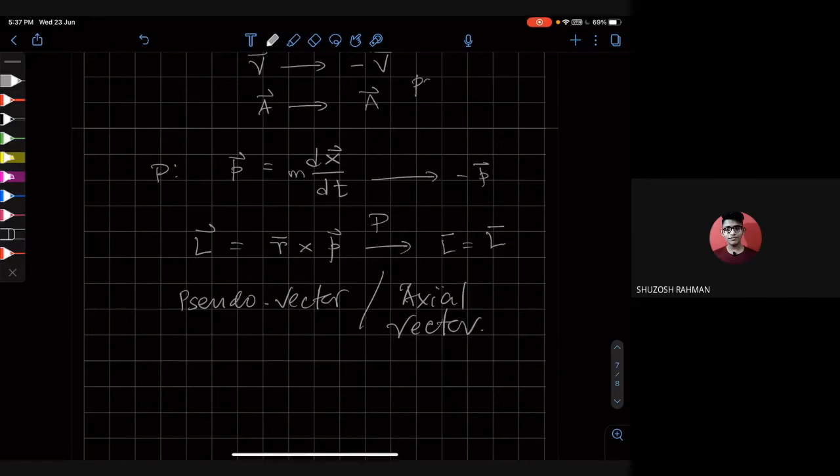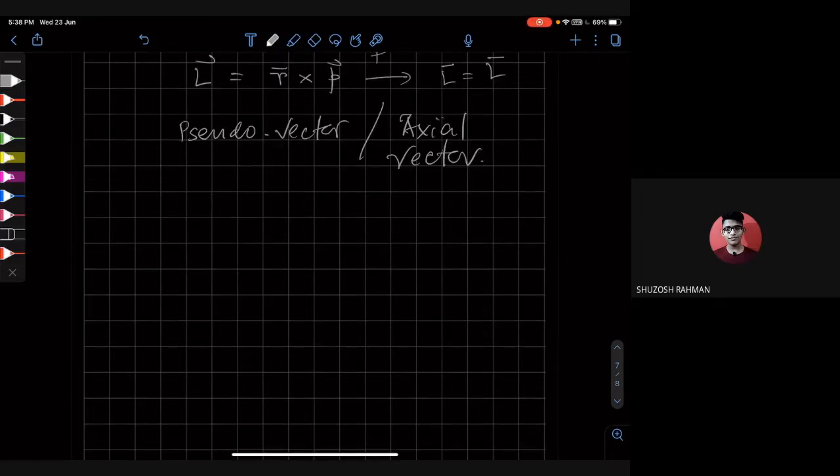Okay. So now we know that in quantum mechanics, the position operator in the position representation is given just by the numbers, right? The coordinates of the particle.